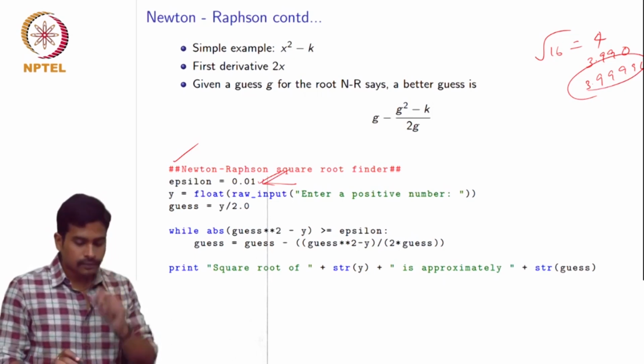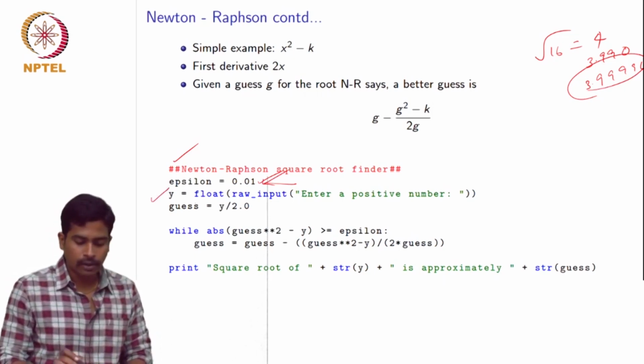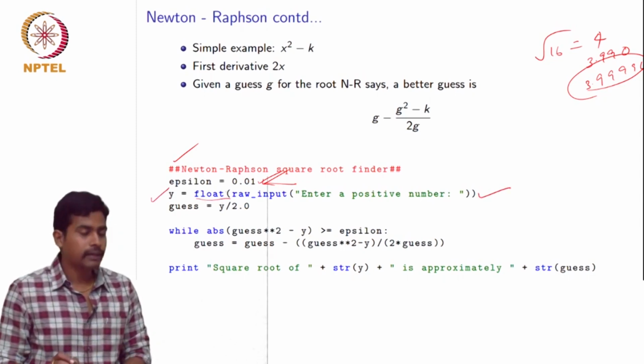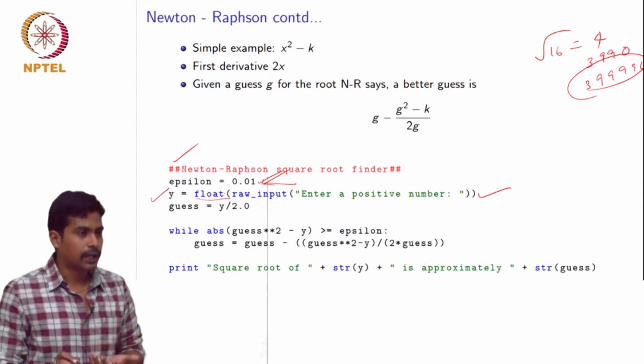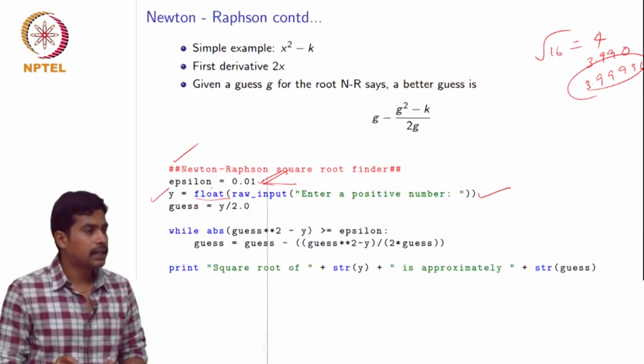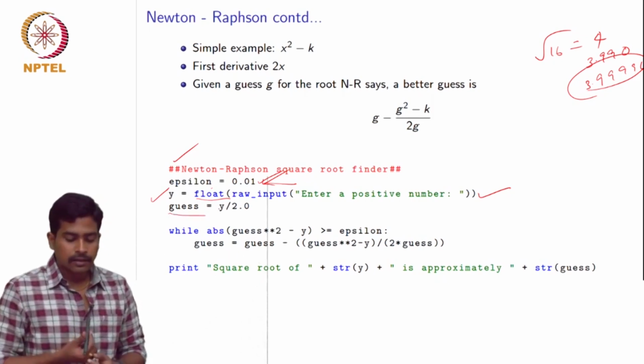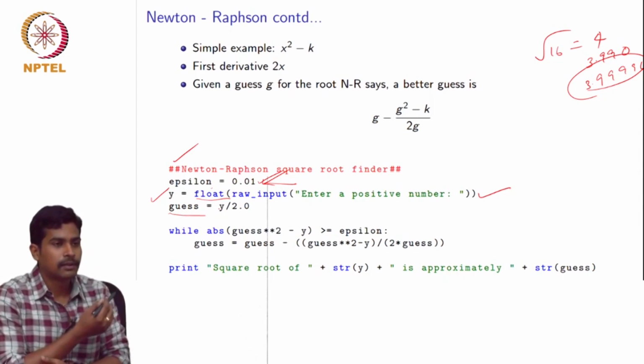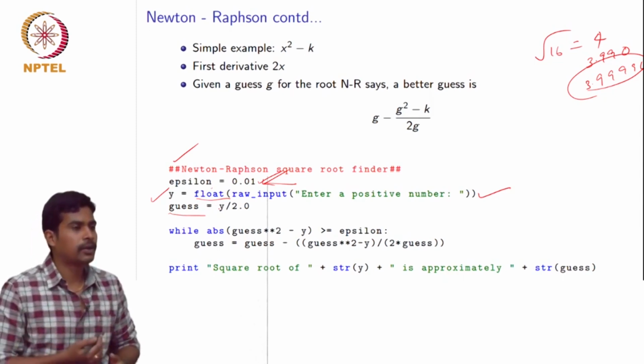Okay. And this statement, as you all know, takes an input number from the console, and we can also find the square root for a float type of number. So this can be either an integer or a float value. Okay. And so how do we get a reasonable guess? What is a good starting point to guess what the root could be?